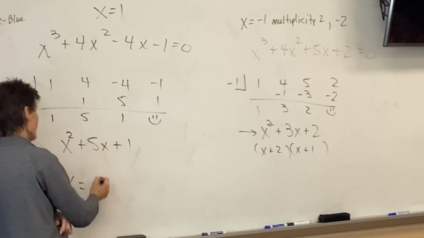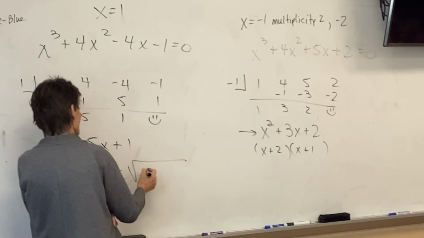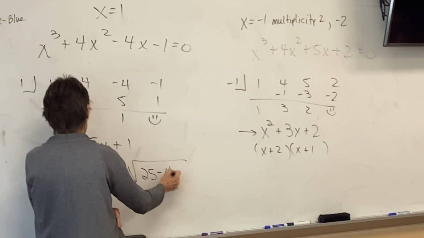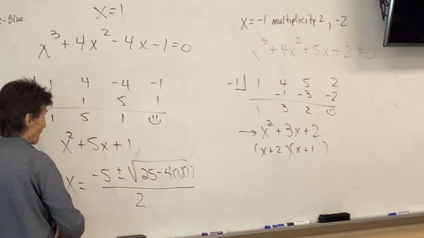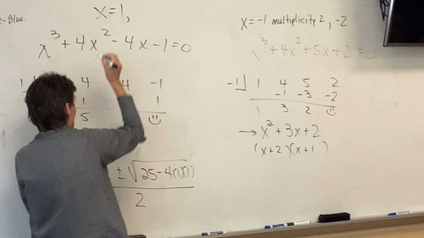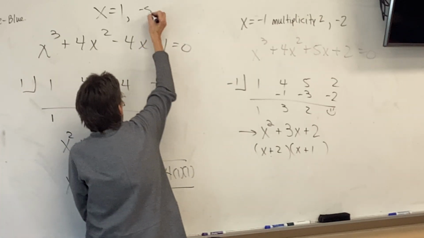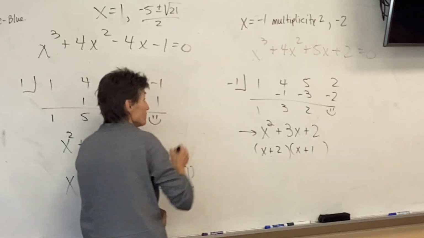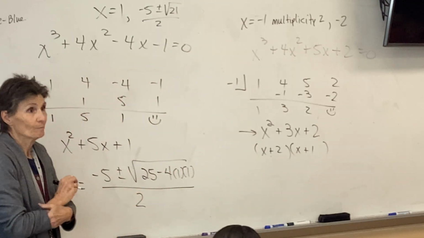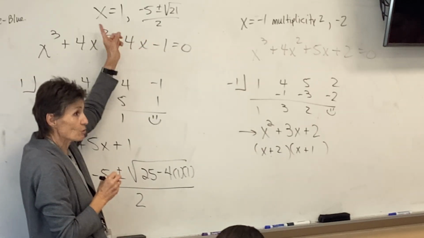So x equals negative b, plus or minus the square root of b squared minus 4ac, over 2a. Is that negative 5 plus or minus root 21 over 2? And there are your 3 answers. There's 3 of them up there.